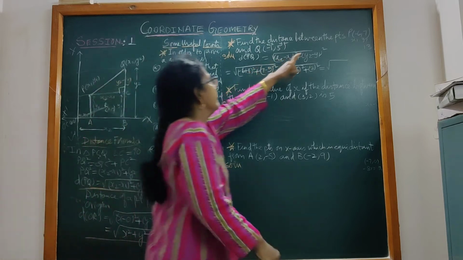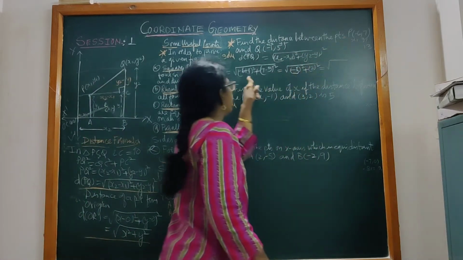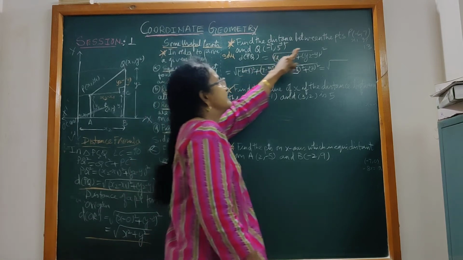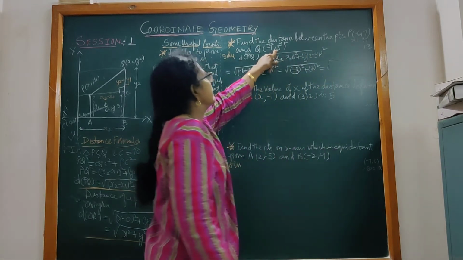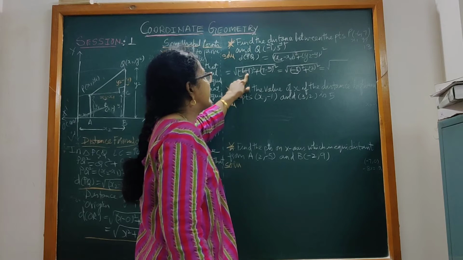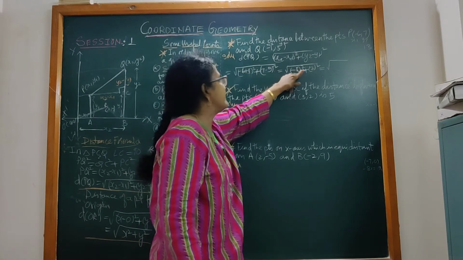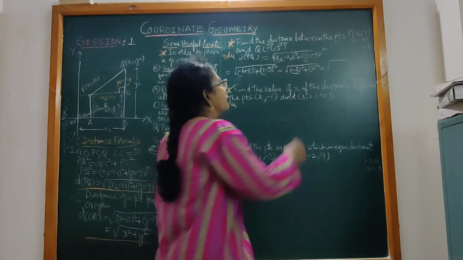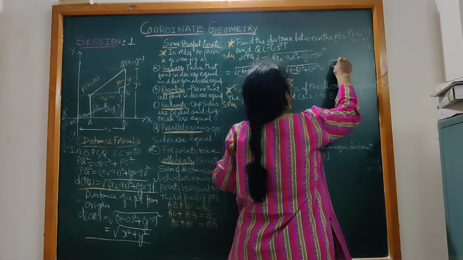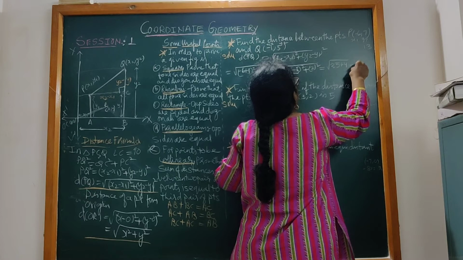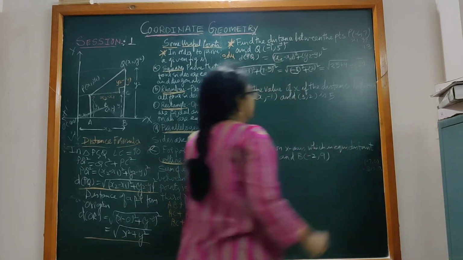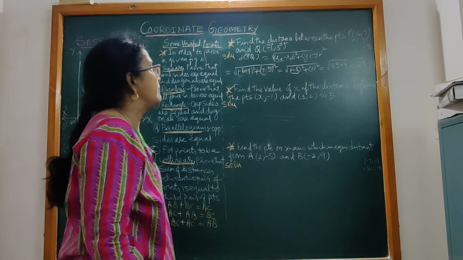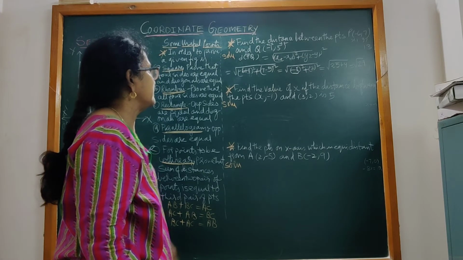Again I am repeating: this is minus 6 plus 1 square, and this is 7 minus 5 square. So that will become 25 plus 4, under root 29. That will be clear. Now we come to the next question.